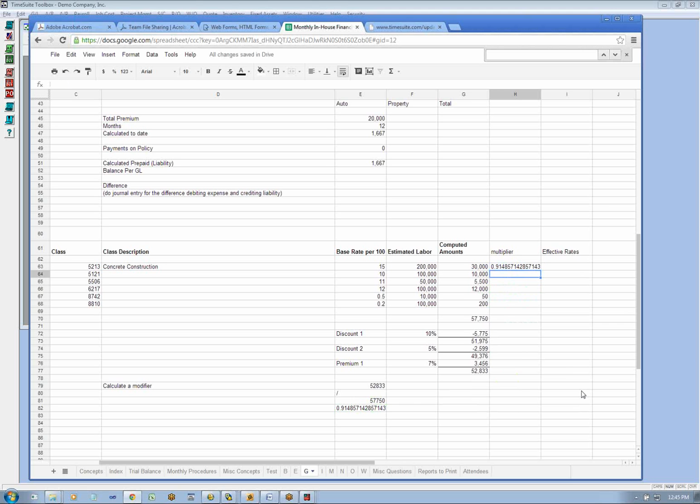So the multiplier will do this, and that gives us our effective rate.